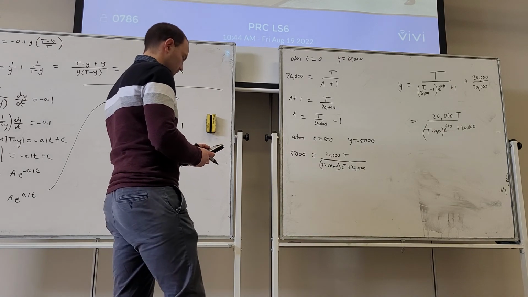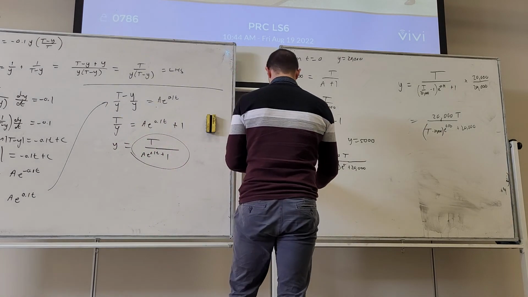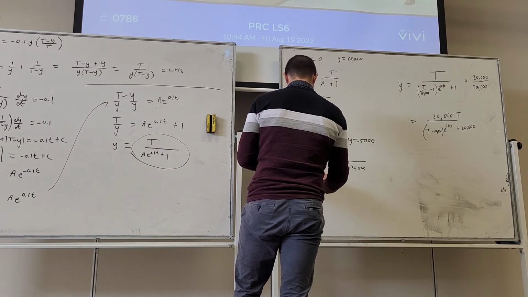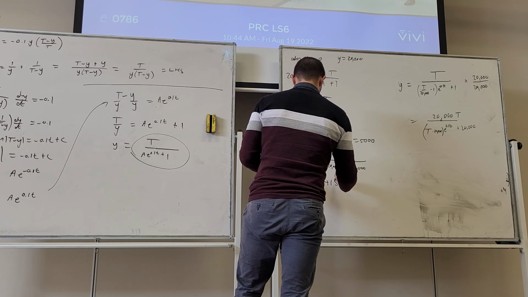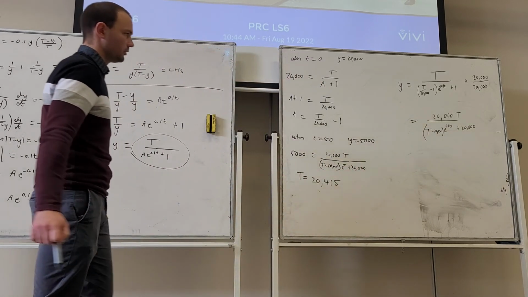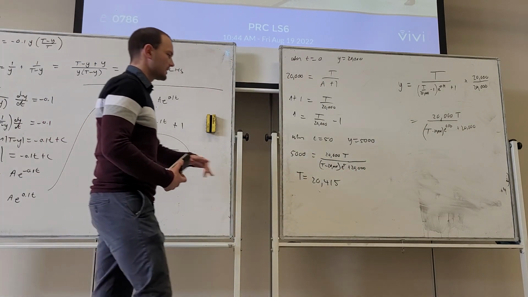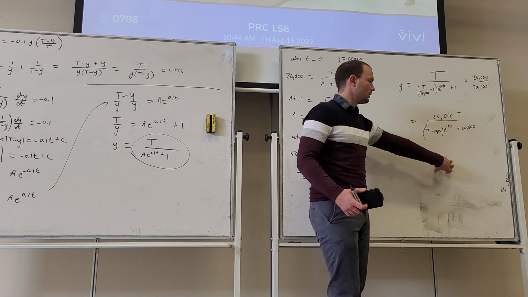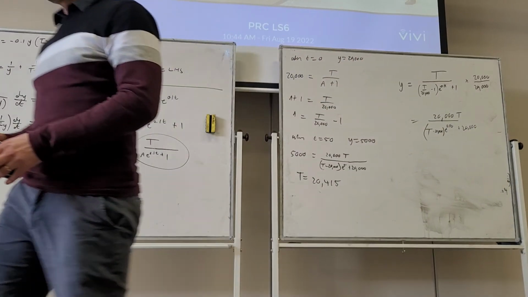And I've got 20,415. Okay, so we've got the t value. Alright, so now that we've got the t value, we can process this a little bit more to get the equation exactly as it stands.